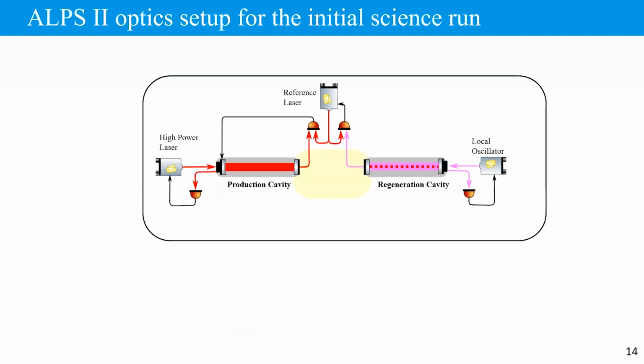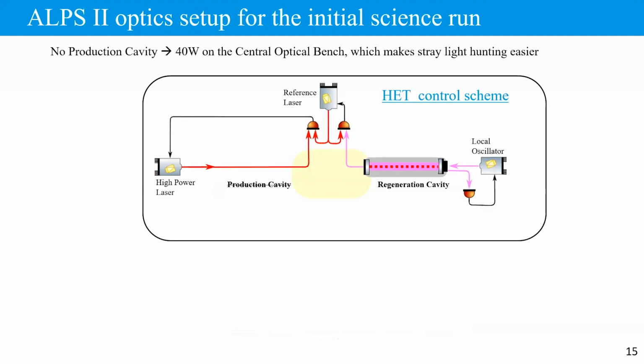First of all, we don't have a production cavity, which means that the power of the high power laser, so the 40 watts, is directly injected into the central optical bench. This has some advantages. For example, it makes it easier to hunt stray light, so to find the source of the stray lights.